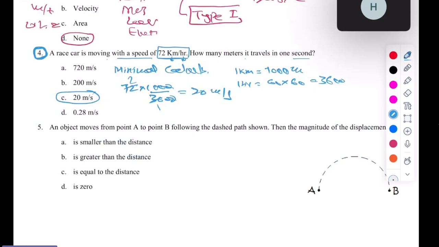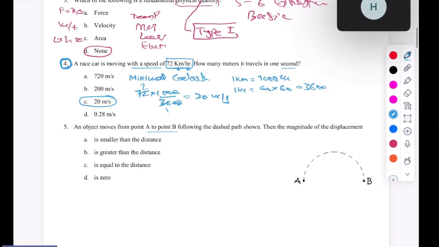Now question number 5 is again a conceptual question. An object moves from point A to B following the dashed path. The magnitude of the displacement is asked. So what is distance and displacement?